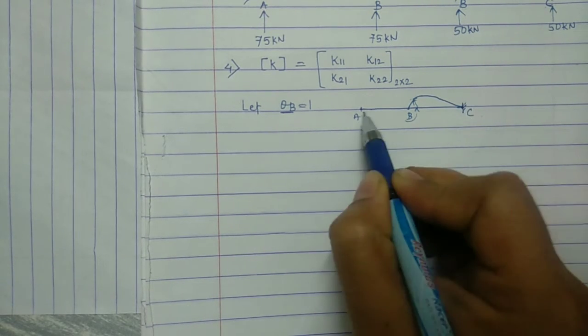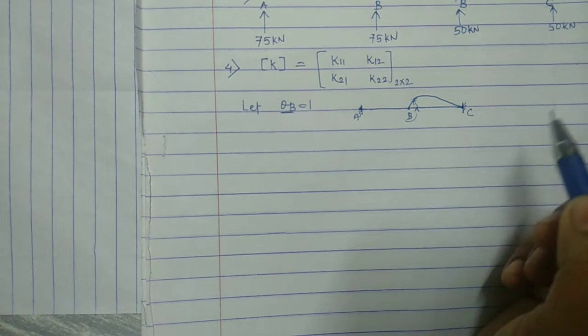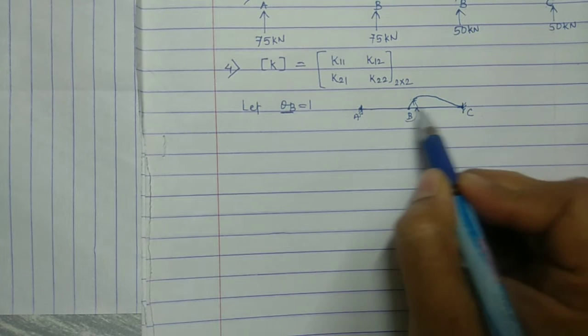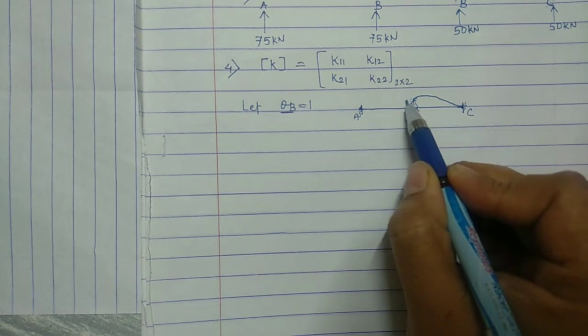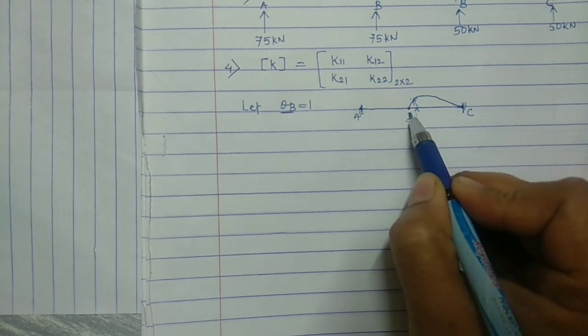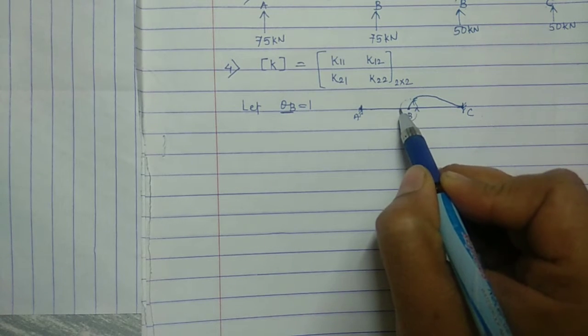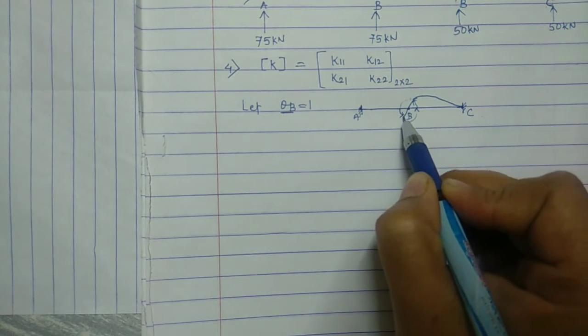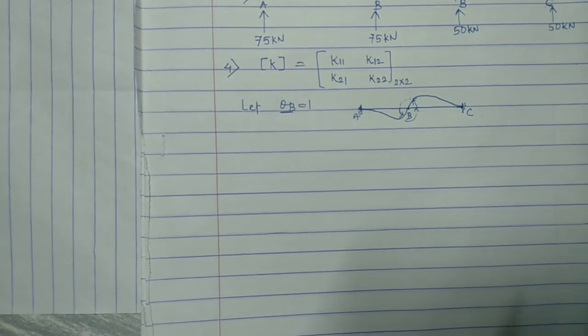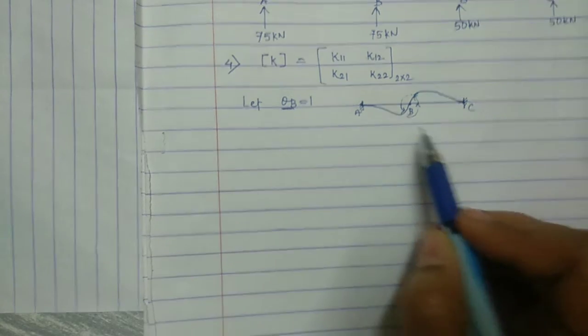Support C, keep this as a fixed support. We are giving the rotation only at point B. So member BC will get rotated in this shape, and B is common to both members AB and BC, so AB will also be affected. Because of this anticlockwise rotation, it will be in this direction. So these two shapes are there.